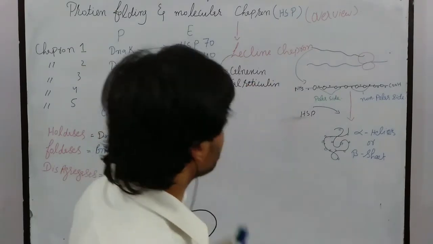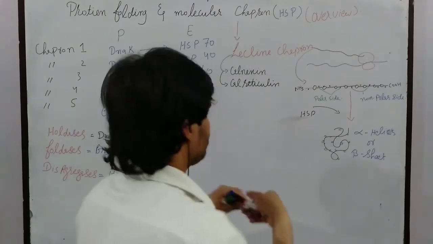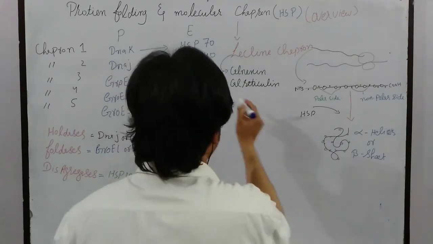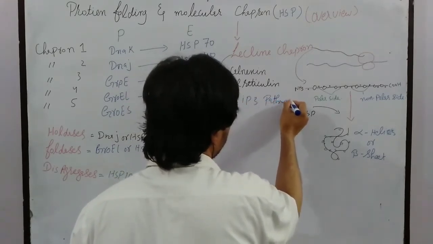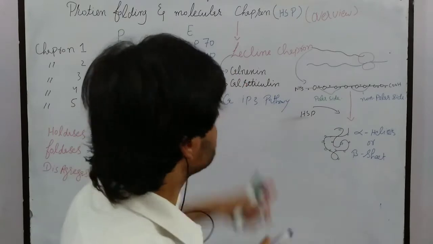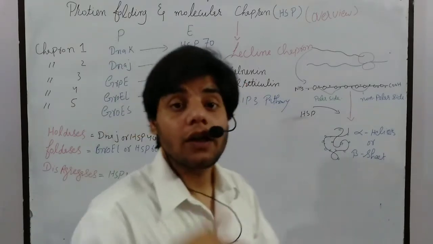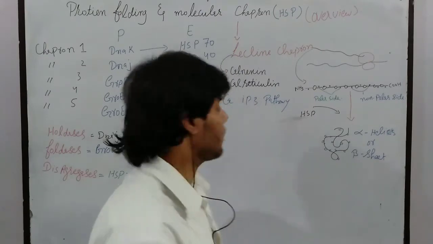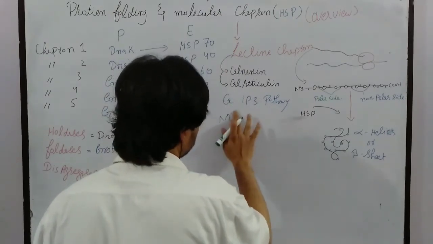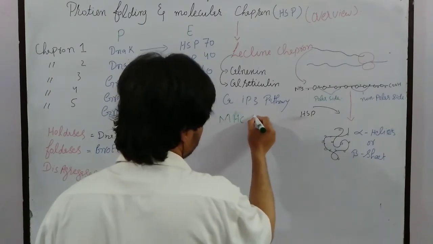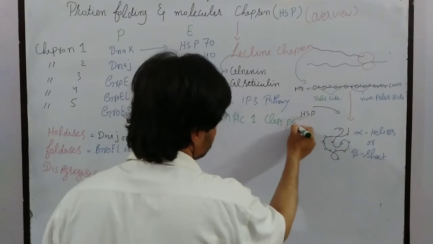These two are actually involved in calcium regulation, the calcium IP3 pathway. Both of these lectin chaperones are involved in making the MHC class 1 protein.